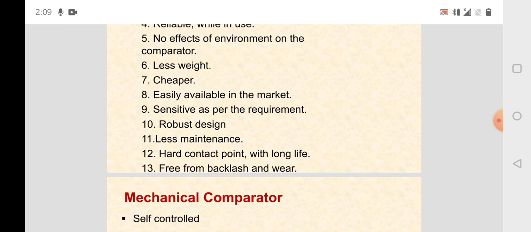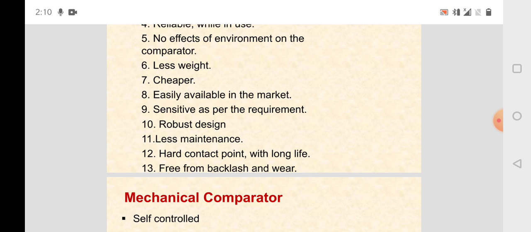All the time it should produce the same reading. So that's why it should possess the sensitivity. Then it should be robust in design. Robust means it should not get deteriorated by use. So over a longer period of time that we are using it, it should not change its characteristics.